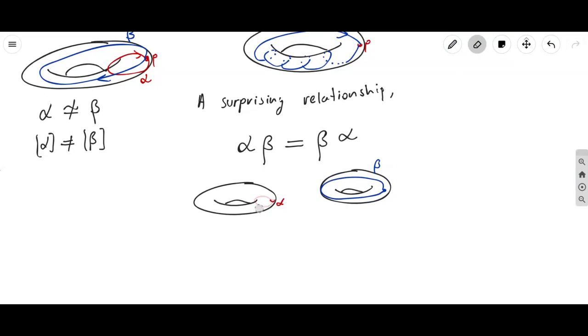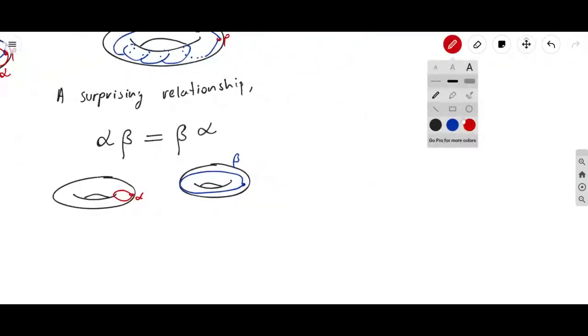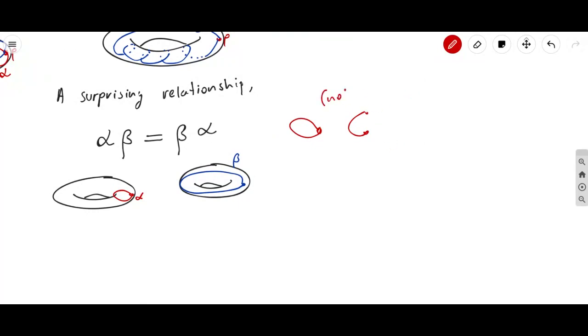So there's no way to homotope this one into that one. So it seems like are we not contradicting what we said? So here's the reason why you're allowed to do that. Because if you have a loop going like this, you're not allowed to open up the loop. You're breaking the loop apart. This is no good, right? This is not allowed.